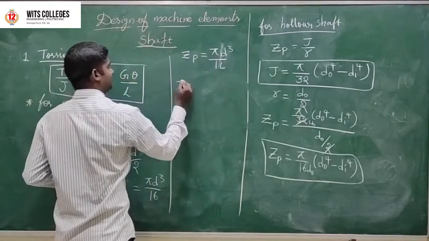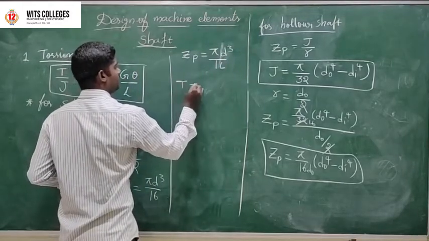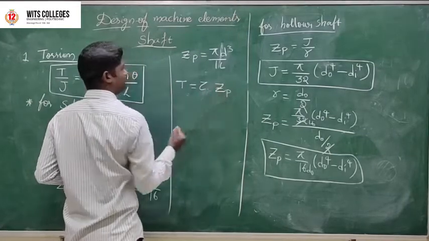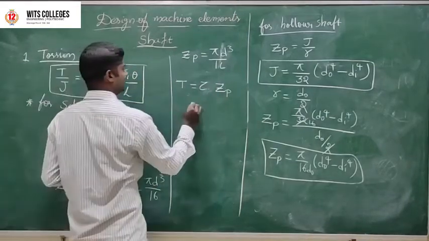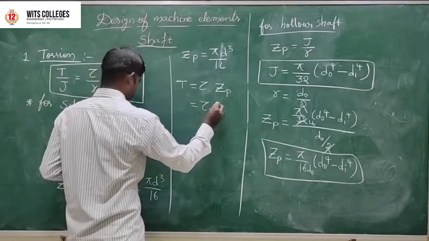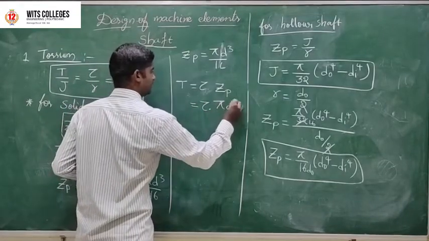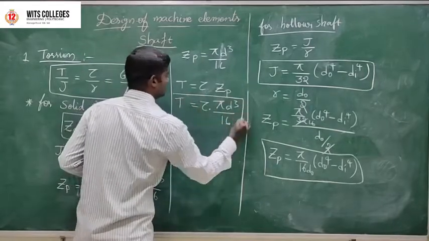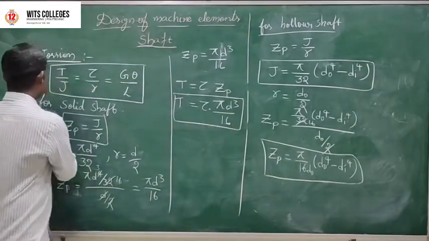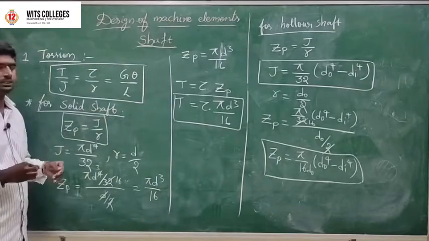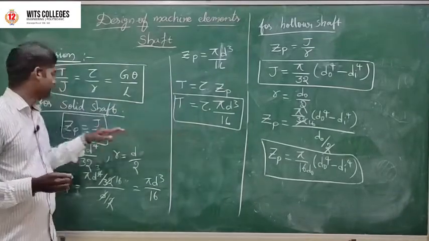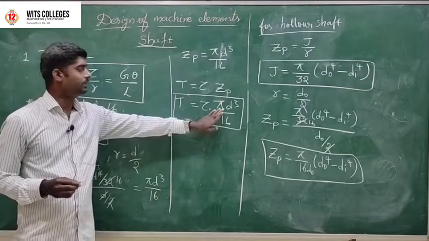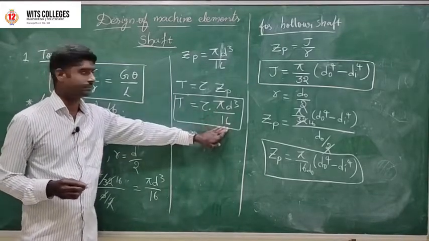Then T is equal to tau into ZP, so the torque equation for a solid shaft is T is equal to tau into pi d cube by 16.